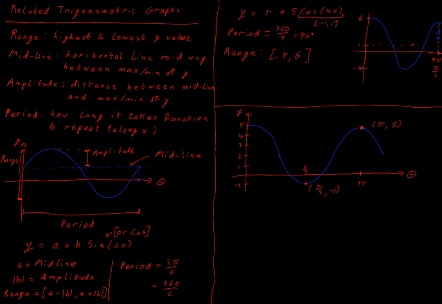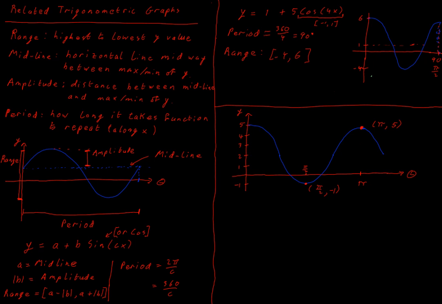The number by itself minus the magnitude of this gives you your lowest value, and this number plus the magnitude of this gives you your maximum number. You can learn that off, or you can get good at drawing your sketches. From an exam's point of view, the sketches have been better because they lead more into what the examiners are looking for in terms of skills you have to apply.